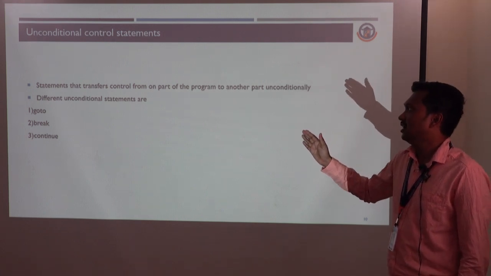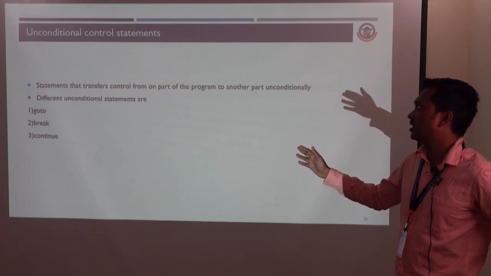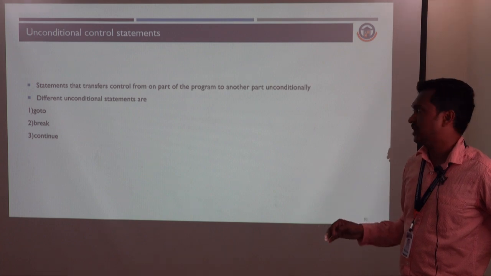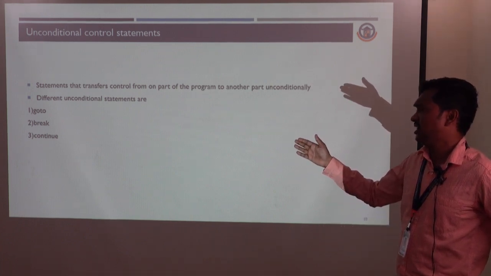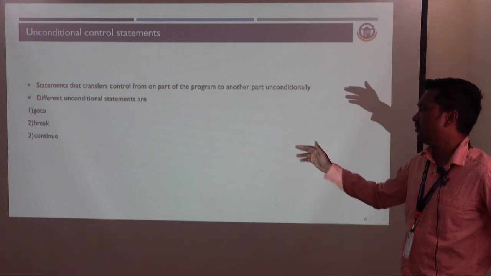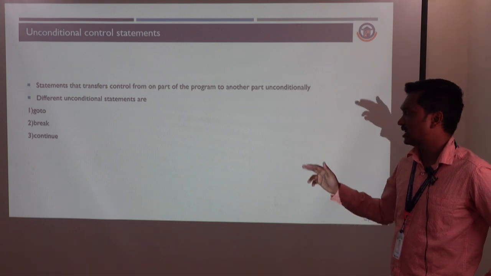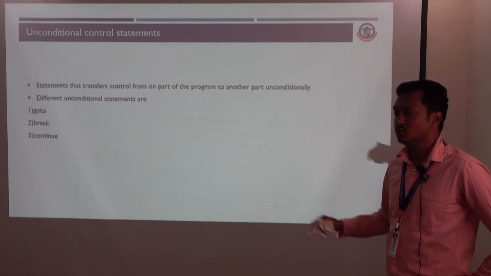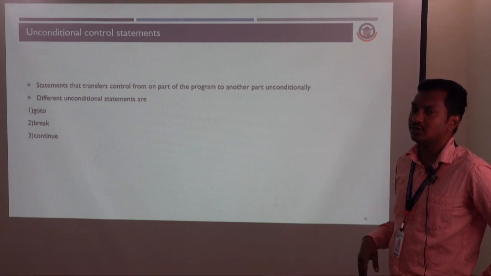That is the difference between conditional looping statements and unconditional control statements. The different unconditional statements are, first goto, then break, and next continue. These three are the main types of unconditional control statements.